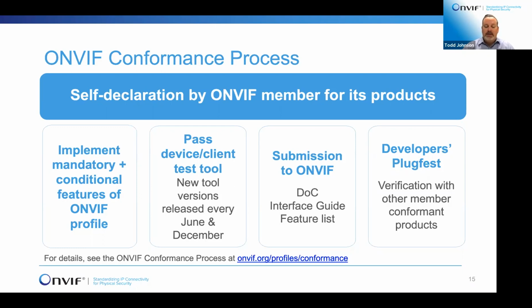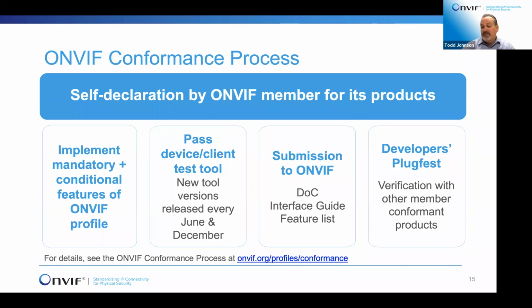We also mandate that new submissions use the latest versions of the device and client test tools with a 3-month grace period. So new submissions are completed with fairly recent versions of the test tools.